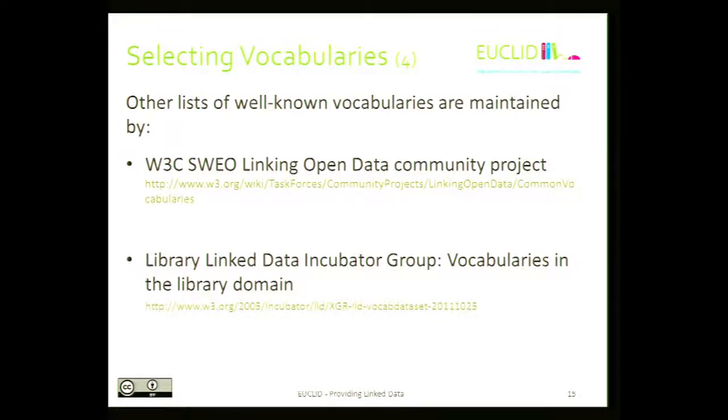Some specific domains have enough traction already with linked data that they'll collect a list of vocabularies and best practice relevant to that specific domain. So for instance, if you're looking at linked data for libraries, you could go to the Linked Library Data Incubator Group and there find their vocabulary list.